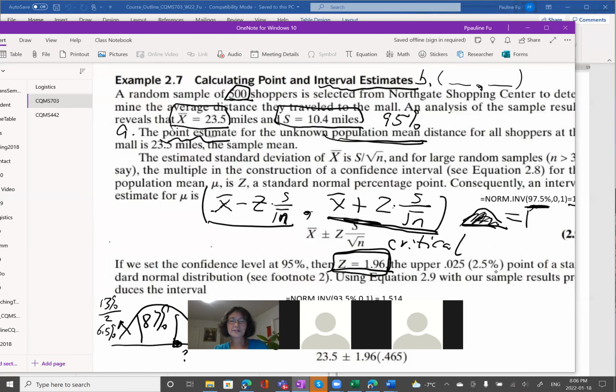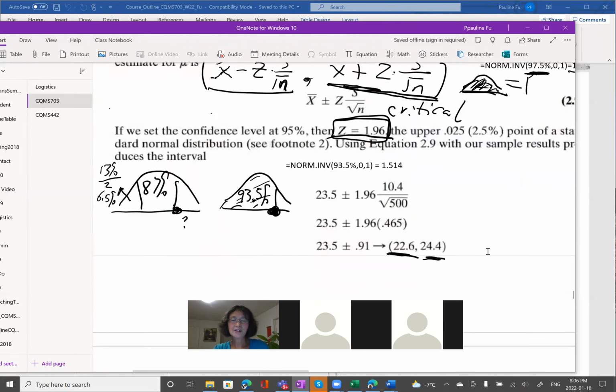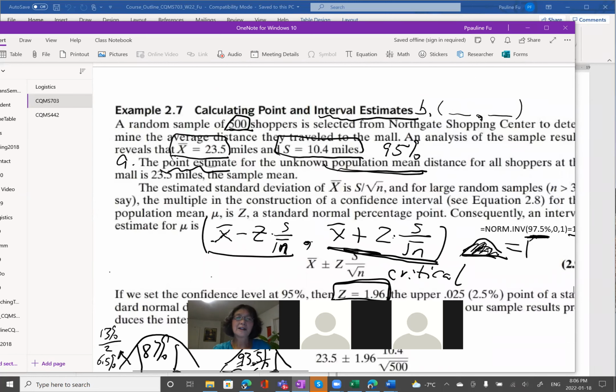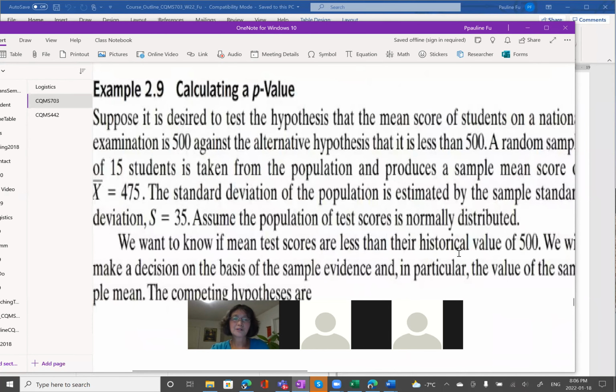Any questions? All right. So for this example, we calculated the point estimate and the interval estimate. The estimate is actually a forecast. Okay, we are doing forecasting.